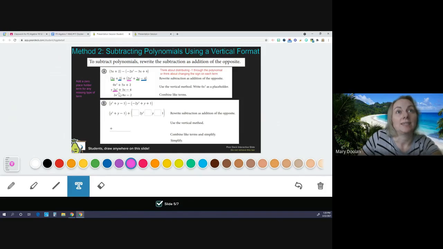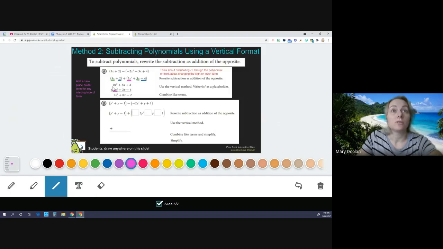We just added a 0 placeholder right above the 2x squared term because we didn't have one. So that's why there's a 0 there. But my 5x and my 3x are lined up. My +2 and my -4 are lined up. You see here, we're using the vertical method. Write 0x squared as a placeholder.